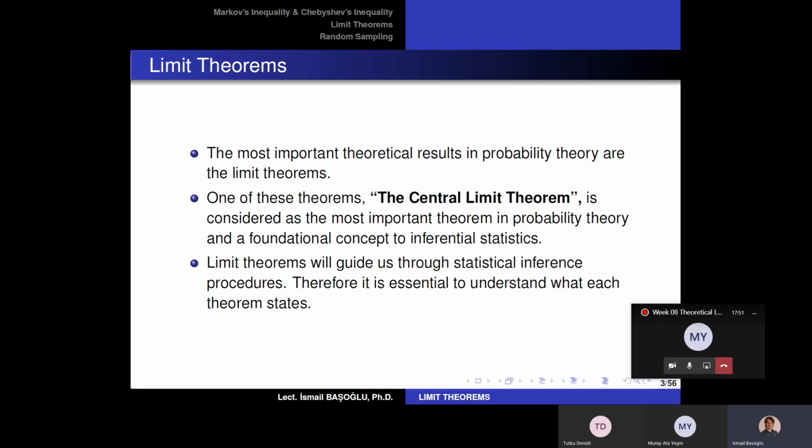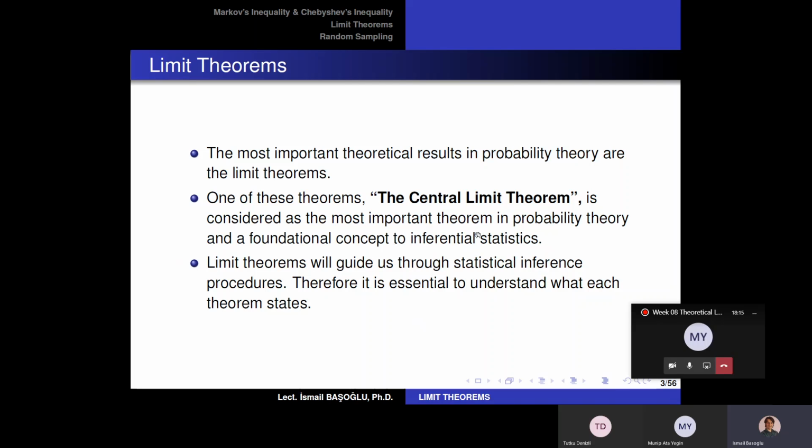So what we are going to do is we are going to take a random sample from that population, and by studying that random sample, we would like to infer information about the general population, which is called the parent population, and that concept is called inferential statistics.